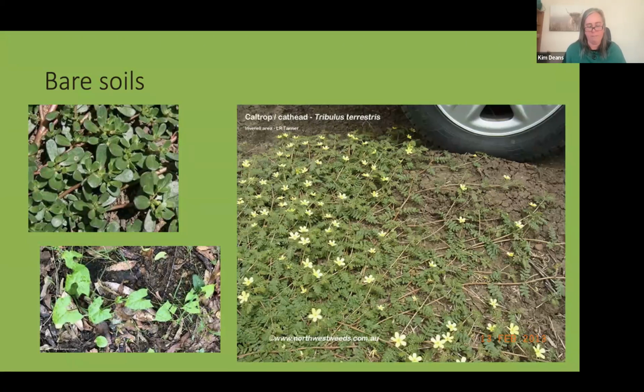And I really believe bare ground is behind a lot of these weeds, to be honest, because it opens the door for seeds to germinate. Nature doesn't leave things empty. It's going to put plants there. So the invasive grasses are also coming about through our grazing management, creating spaces or creating selection of the more palatable species so that they can come through. We're basically opening the door a little bit, I think.